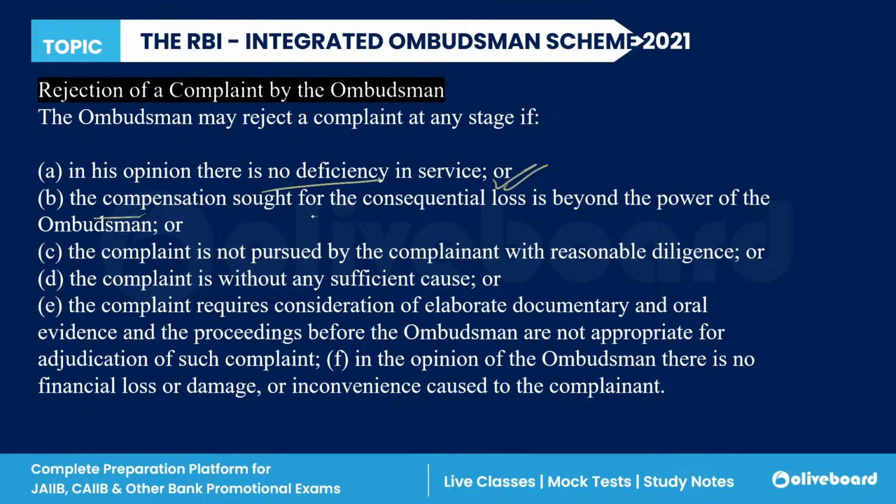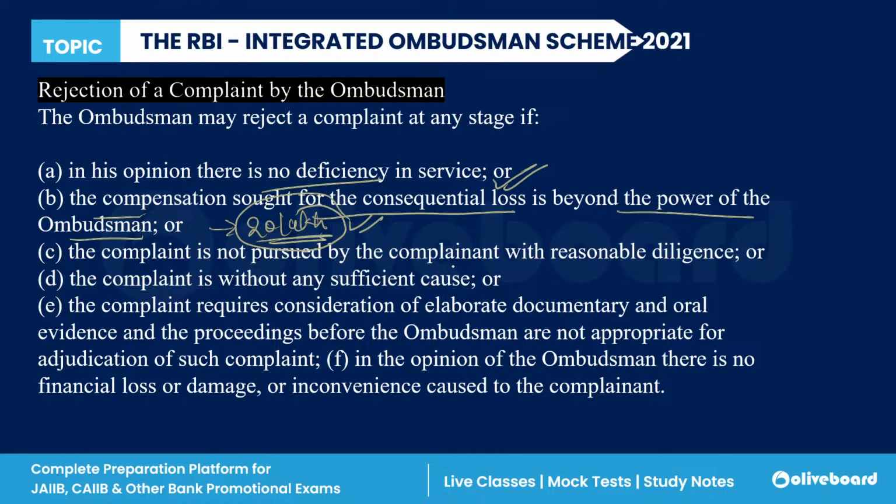Second, the compensation sought for the consequential loss is beyond the power of the ombudsman, because you know that the ombudsman has the power to compensate with a ceiling of rupees 20 lakhs. The ombudsman can reject the complaint if in this scenario the compensation should be the fullest, but they have the limit of 20 lakh in ceiling.